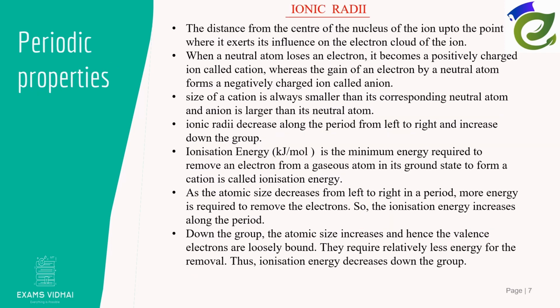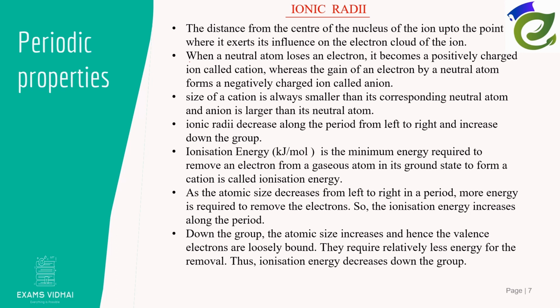Ionic radius. The ionic radius is the distance between the nucleus and the electron in the outermost shell of an ion. When an electron is added to an atom, forming an anion, the added electron repels the other electrons, resulting in an increase in the size of the atom.